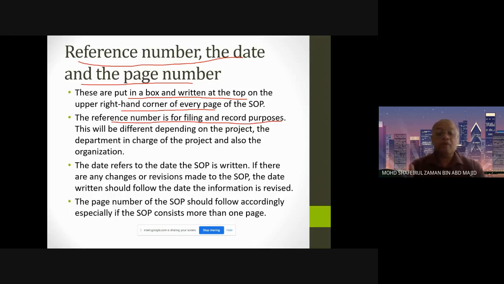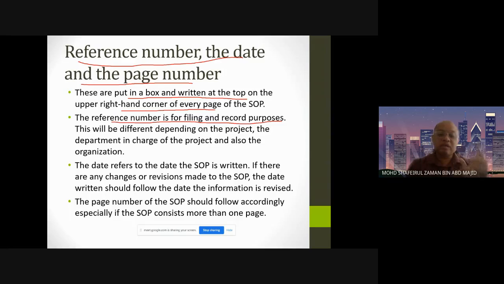Because in each company, you are going to have different departments. And even in the same department, there will be certain groups working on different projects. So that is the reason why the reference number is very important. For example, you are dealing with a project on mechanical, and the other team is working on an electrical project.